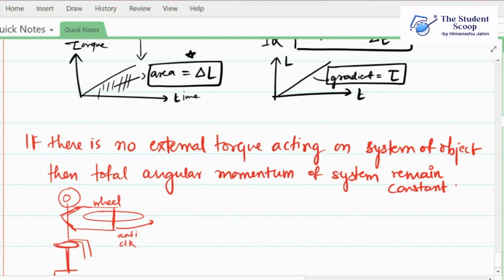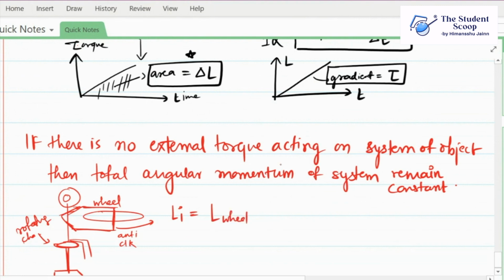So this is a rotating chair, and this person is holding this wheel. This wheel is going anti-clockwise. In this case, the initial angular momentum is the angular momentum of the wheel only. Correct?